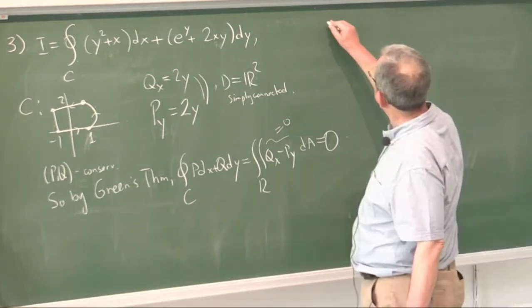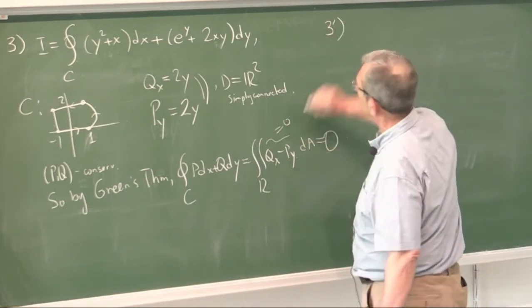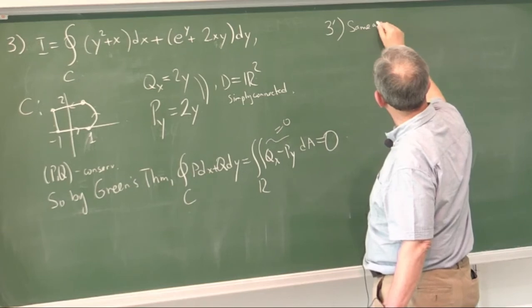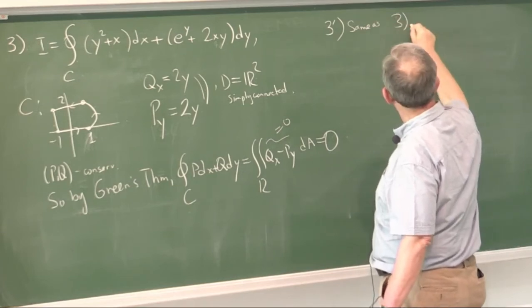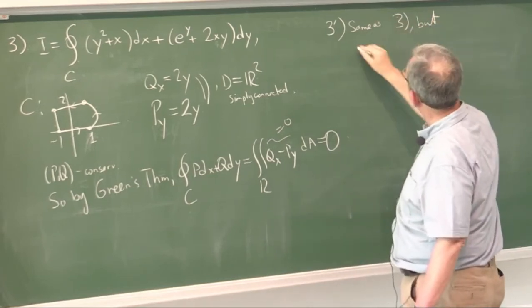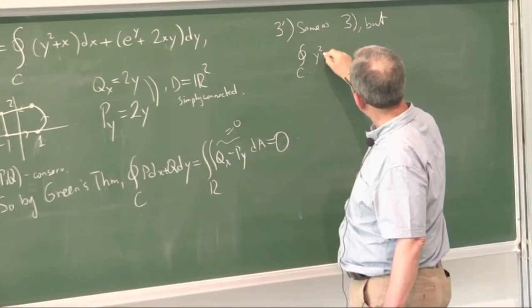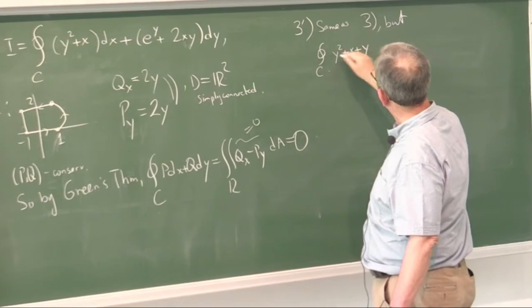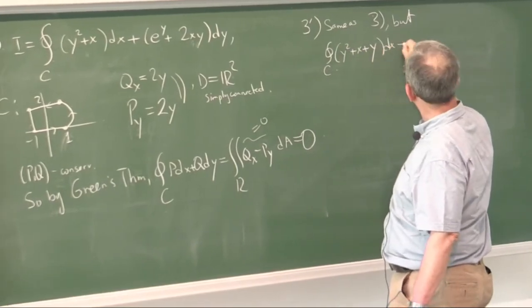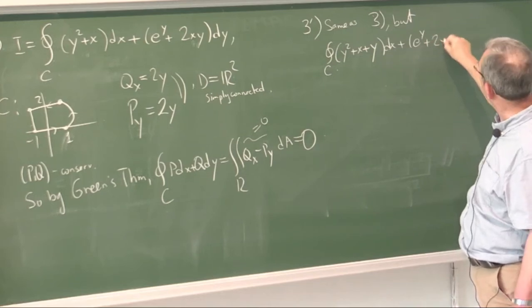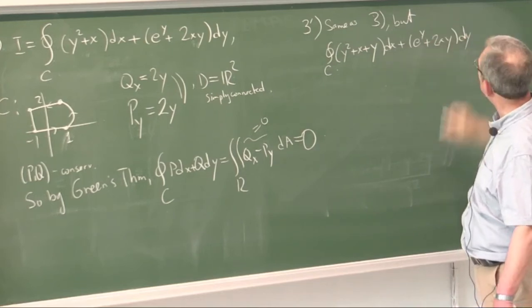Well, suppose we had the following version, the same as 3, but we have y squared plus x plus y now, dx plus e to the y plus 2xy dy.